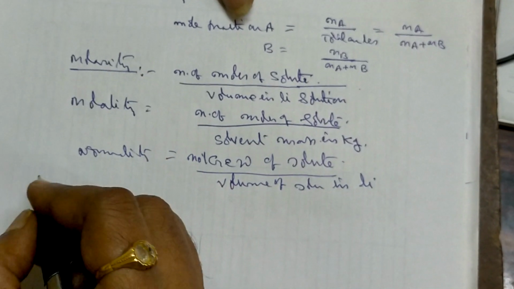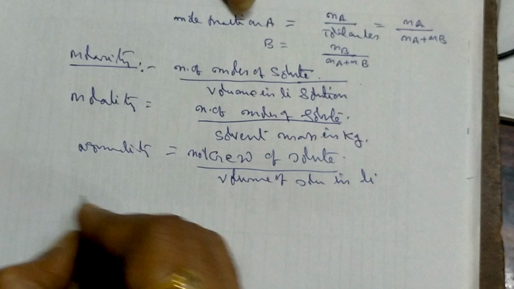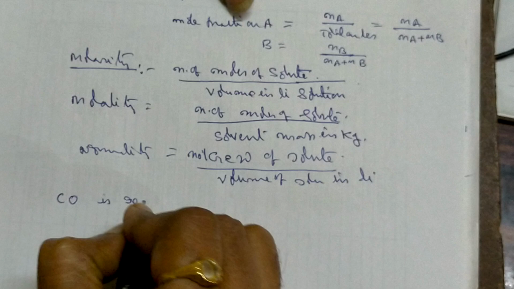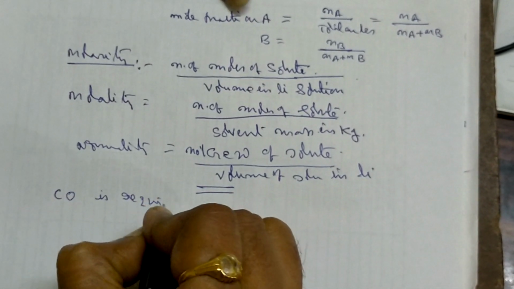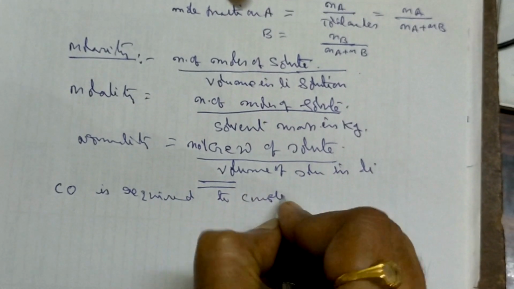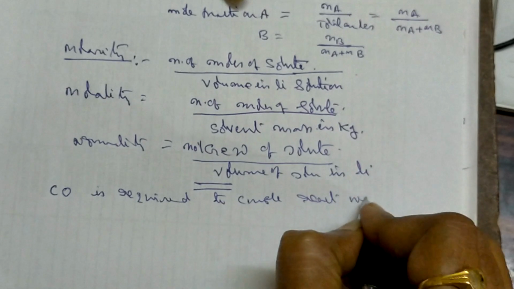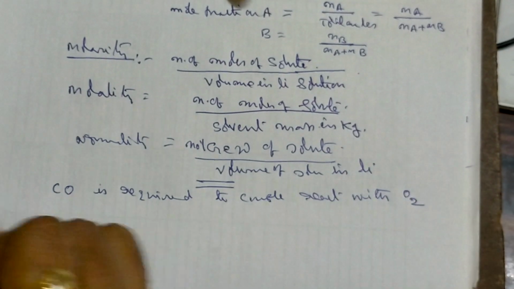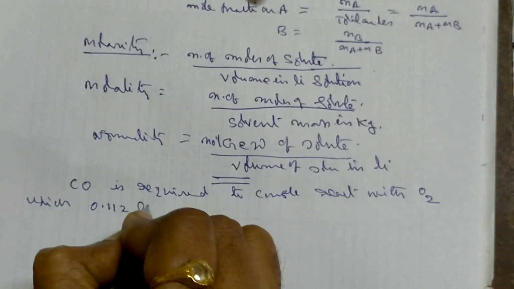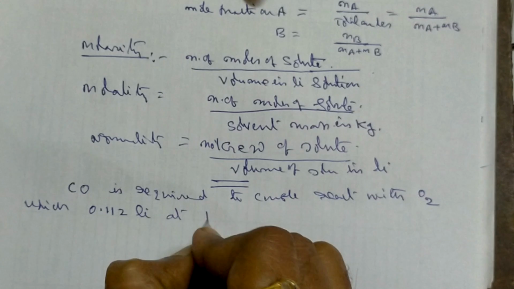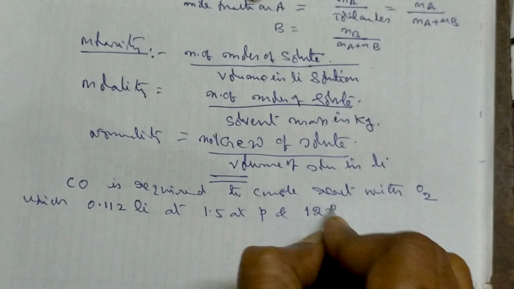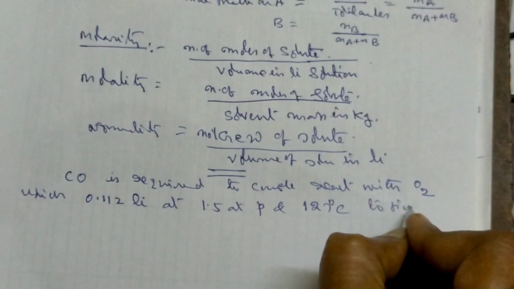The question is, how much minimum volume of CO is required to completely react with oxygen, which is 0.112 liters at 1.5 atmosphere pressure and 127 degrees centigrade, to give CO2.